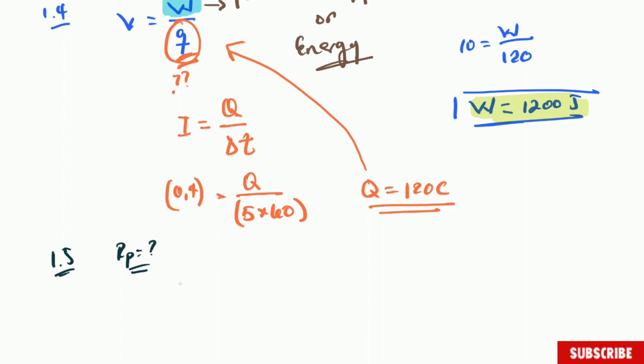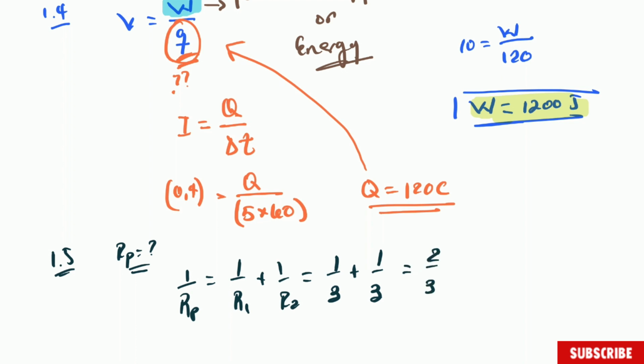So what is the formula we are going to use? 1 divided by Rp is equal to 1 divided by R1 plus 1 divided by R2. Each of them is going to be a 3. So when you substitute, you have 1 divided by 3 plus 1 divided by 3. And the answer of this one is 2/3. Now I want you to note something. This is 1 divided by Rp is equal to 2/3.